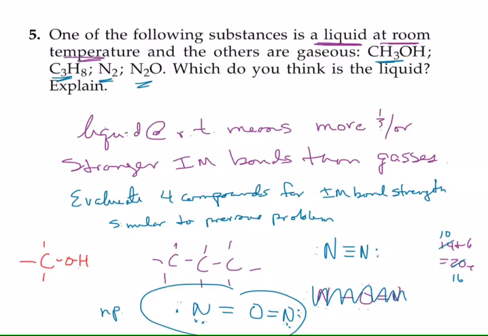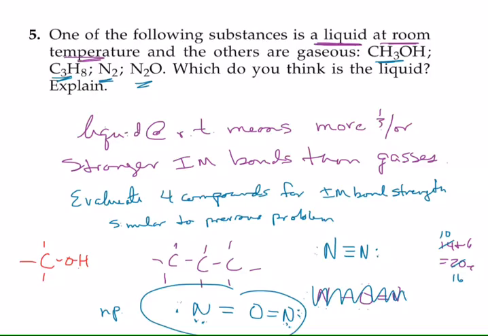So all you have to do is find which one's the highest, in other words, evaluate which one has the strongest bonds, other than the N2, which is going to be a gas anyway. If one of those formulas has more bonds between the chemicals, more and stronger, both, yep, exactly. And so you're just looking for the one that looks like it's got the strongest bonding. Whatever has the strongest bond is going to be a liquid.